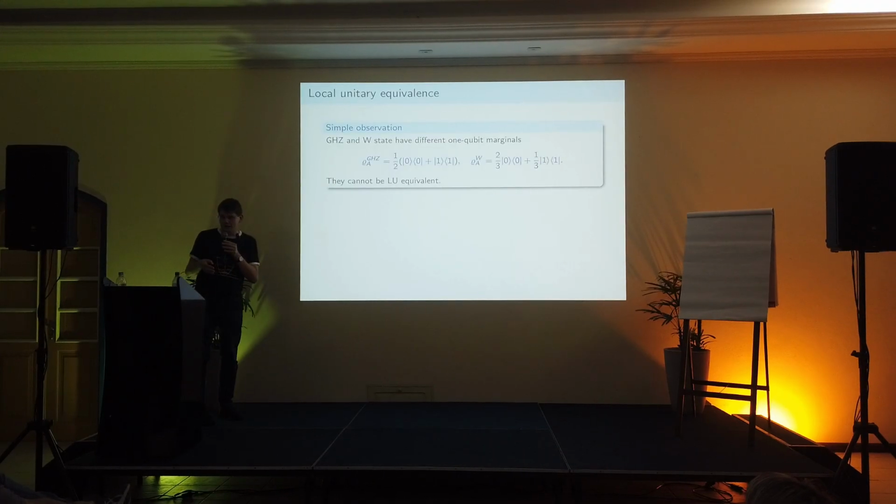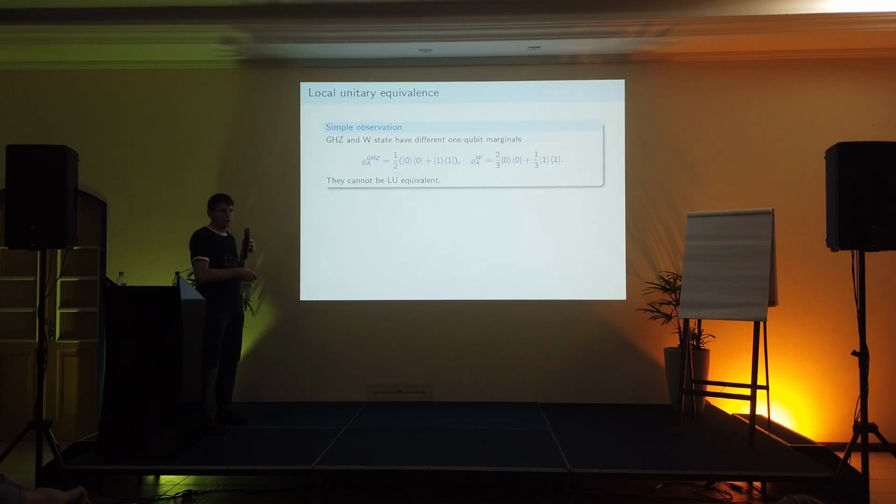But the main thing, how to see it easily, is just by looking at the marginals. Again, by looking at the reduced single qubit density matrices. For instance, if I take the GHZ state, trace out Bob and Charlie and look at the reduced state of Alice, then it's this state, which is actually a maximally mixed state. And if you do the same for the W state, you get this state, which is not maximally mixed because you have these factors 2/3 and 1/3.